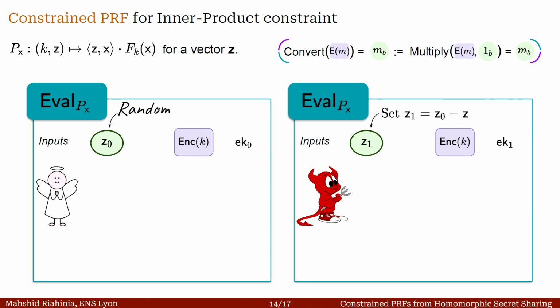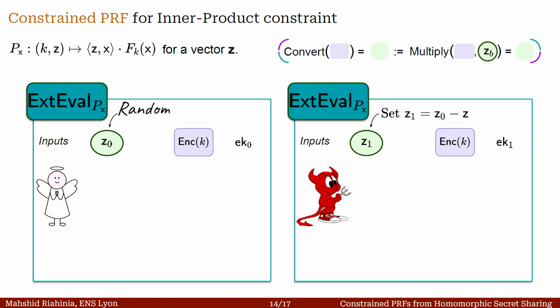Now, why does it work? Because naturally we would need an encryption of z. So here we go back to the fact that the conversion of an input into a memory value was actually multiplication between the input and the share of 1. And what we say is that we extend the evaluation algorithm of the homomorphic secret sharing to be such that this conversion is defined to be the multiplication of the input that we want to convert with the share of this constraint vector z.